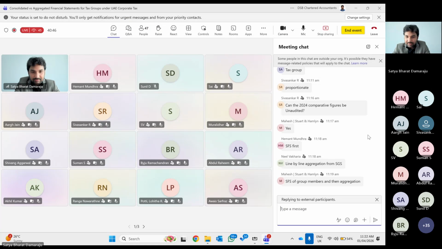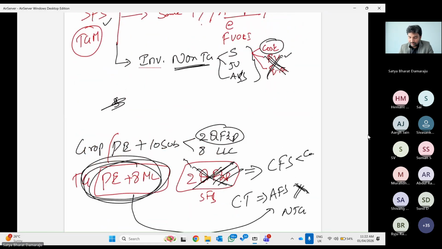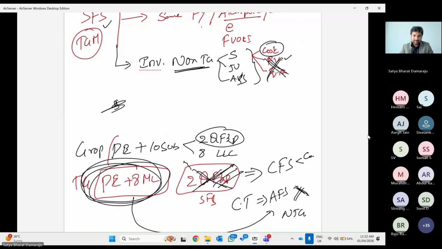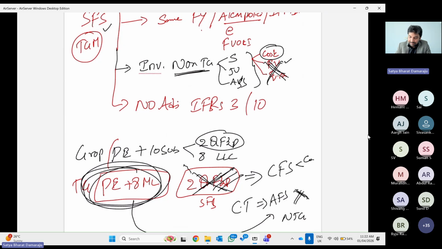SFS of group members and then aggregations, correct. Then, more importantly, no adjustments because of IFRS 3 or IFRS 10.